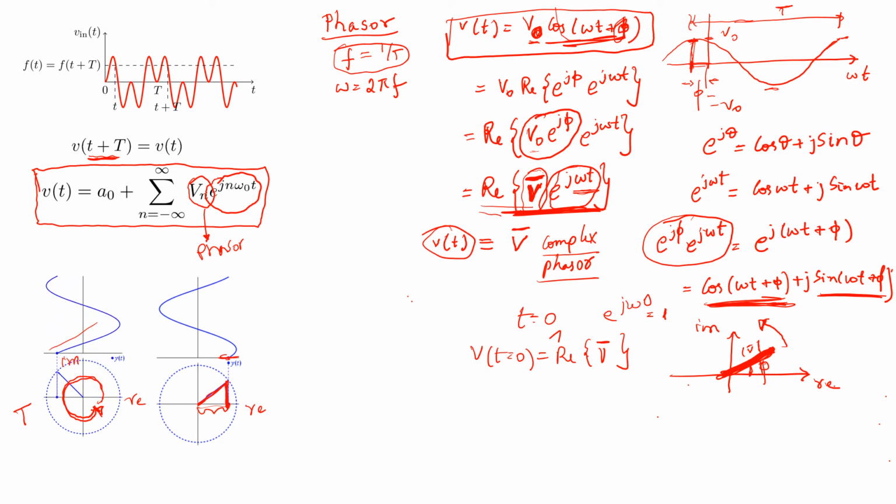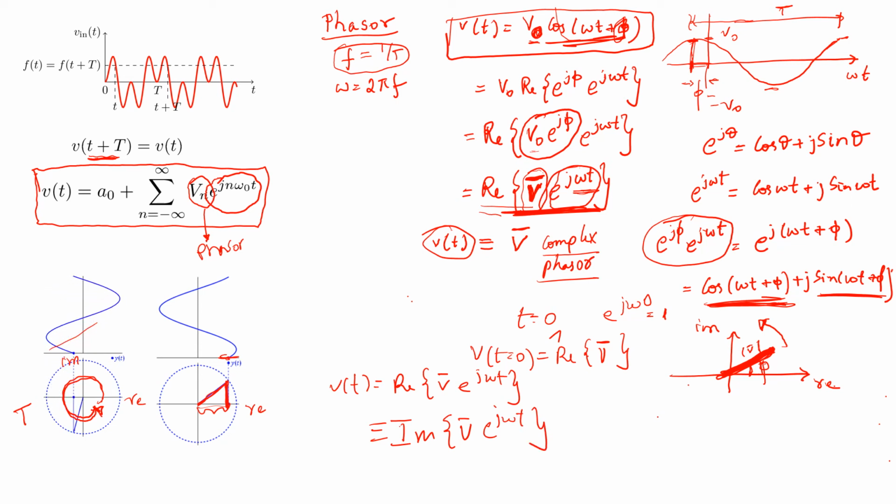And taking the real part to recover v of t is just a convention. This is a popular convention, and there are people who equivalently use another convention, taking the imaginary part of e power j omega t. In either case, v of t is going to be v naught cosine (omega t plus phi) in one case, and v naught sine (omega t plus phi) in the other.